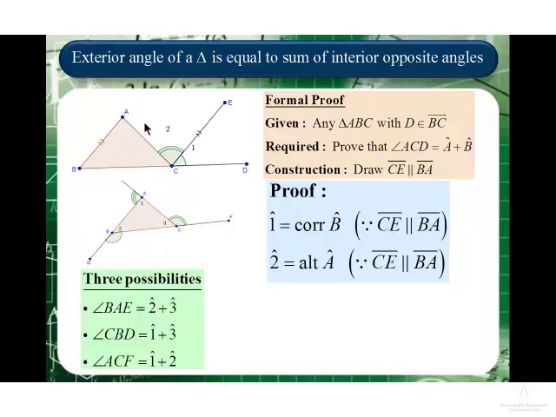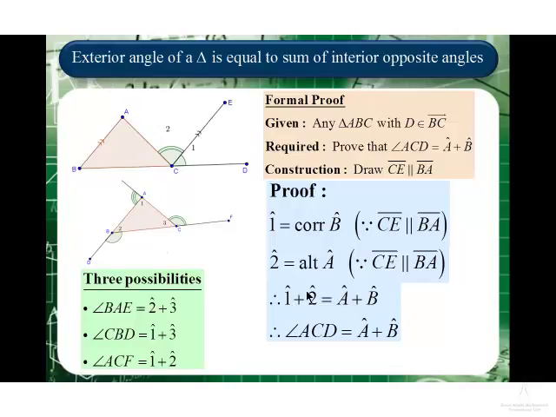Angle 2 and angle A are alternate angles since these line segments, BA and CE, are parallel, and therefore we have the second part of the proof. Therefore we can say that the sum of angle 1 and 2 is the same as the sum of angle A and B as indicated.